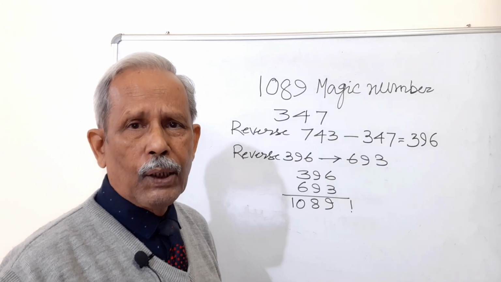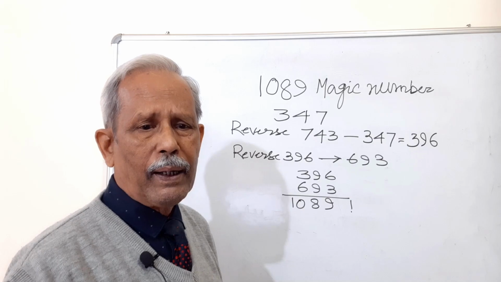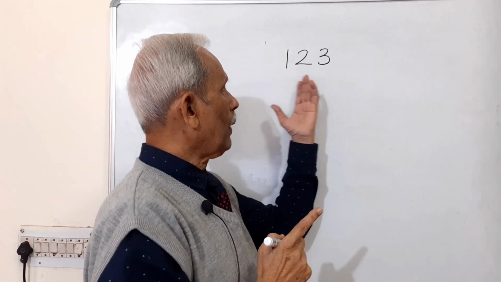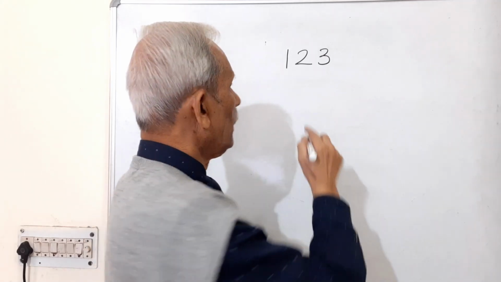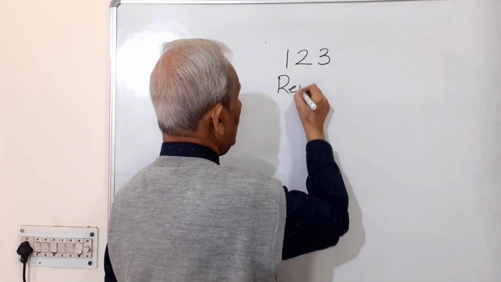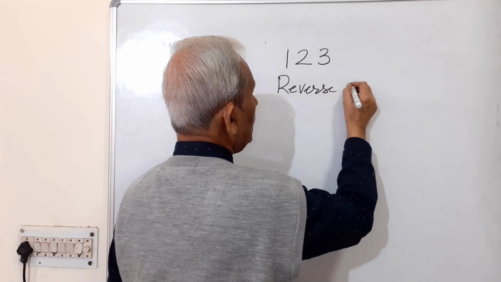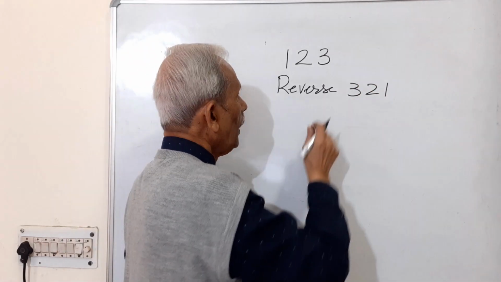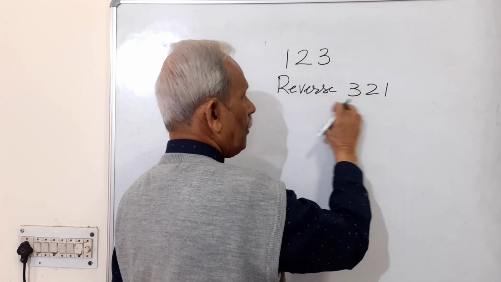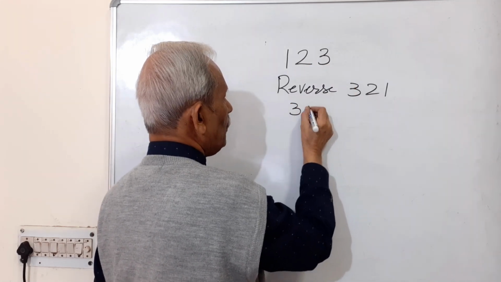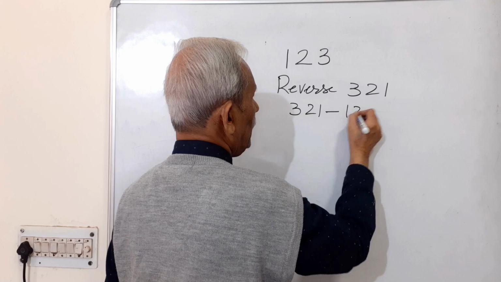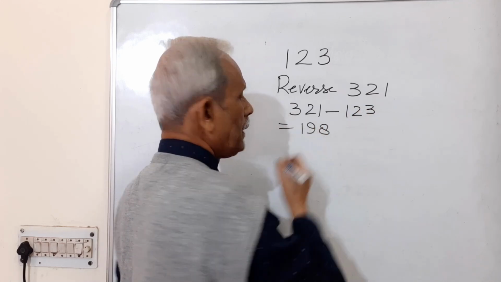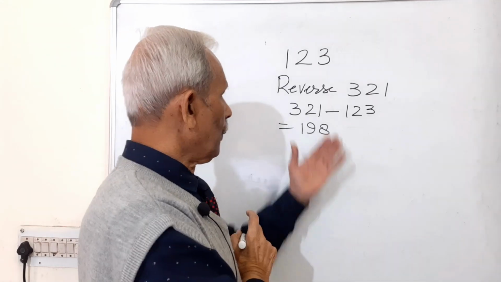Okay. So now let us see the next one. Next one is 1, 2, 3. You reverse it, and you get the number 321. Now subtract the smaller number from this bigger number, 321 minus 123, and that's equal to 198.